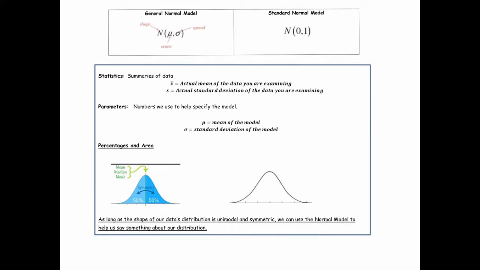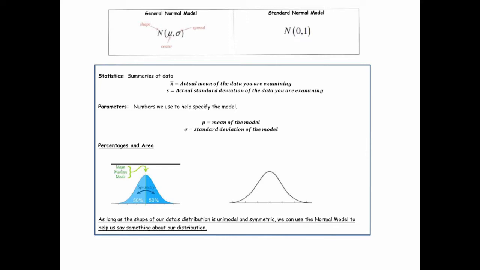So some notation you want to be familiar with. If you see a capital N, that just means the data is normally distributed. And that first number you see there will be the center. That symbol is called mu. Think of M, the Greek M for mean. And then that sigma is the Greek S for the standard deviation.